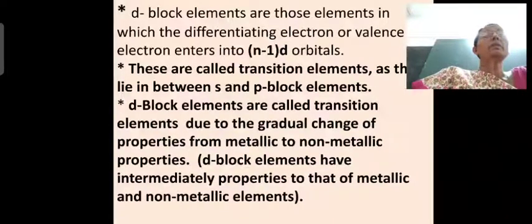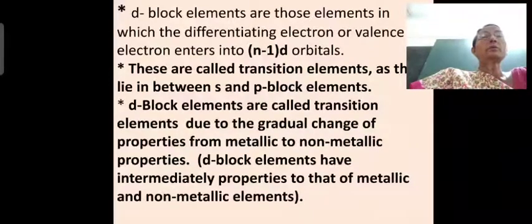So the d orbital starts from n equal to 4, that is the principal quantum number should be 4, so that 4 minus 1 equals 3, and you have 3d orbitals starting from the 3d series.